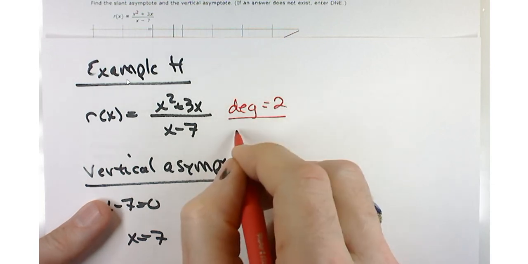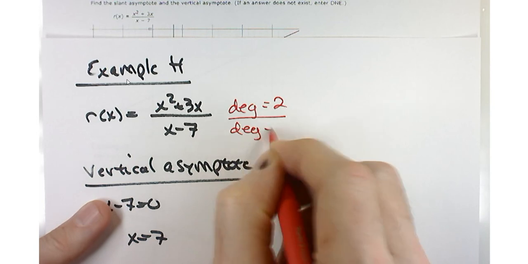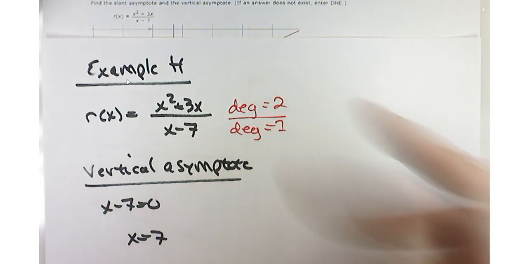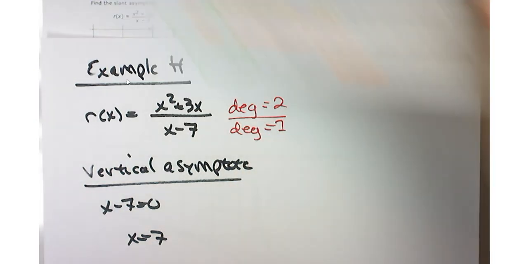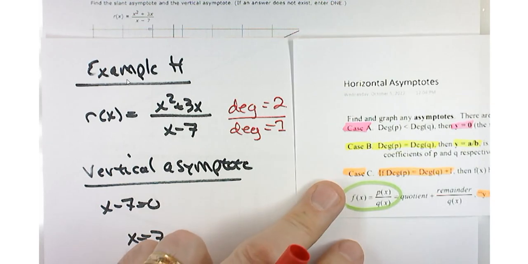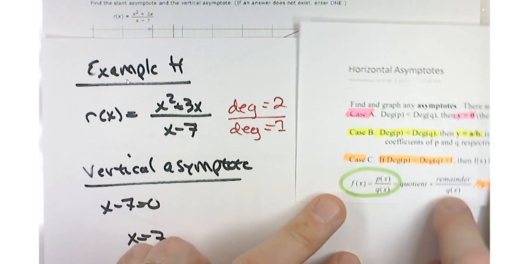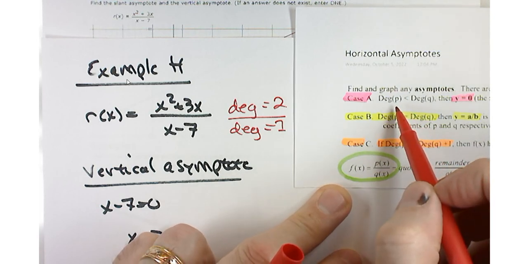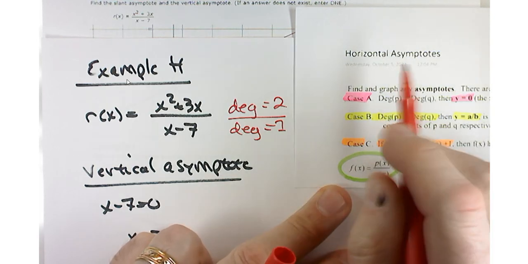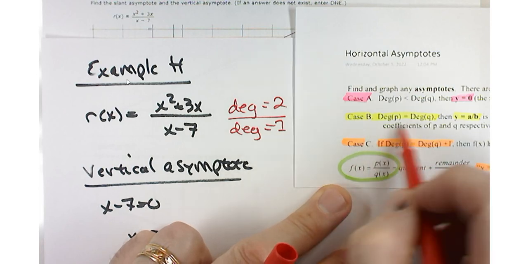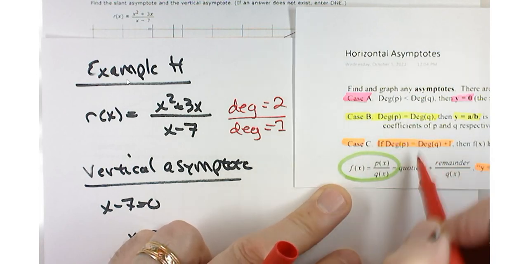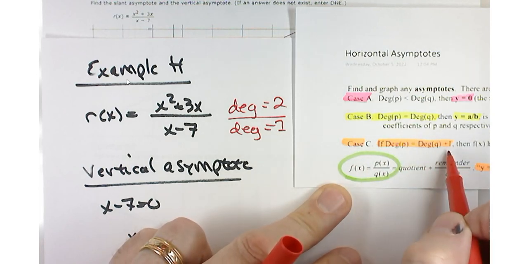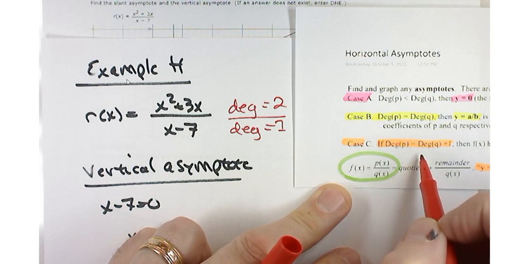What's the degree of the denominator? So looking back, which of my 3 cases applies here? Is the degree of the numerator less than the degree of the denominator? So it's not case A. Are those degrees equal? Is the degree of the numerator 1 more than the degree of the denominator? Yeah.